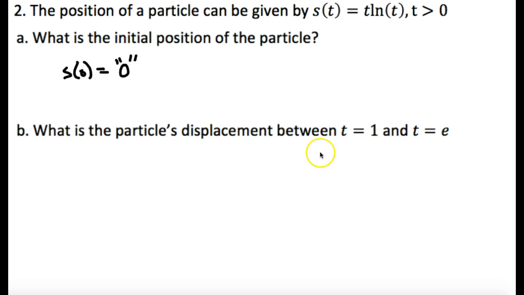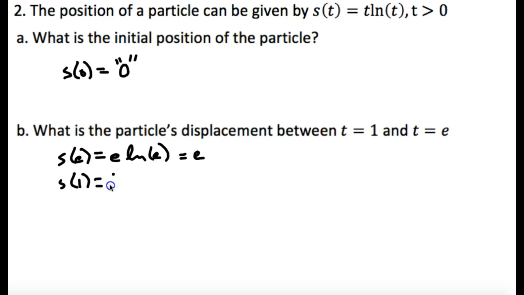Okay, displacement. Remember, we want to evaluate s of 1 and s of e. If I plug e in here, I will have e times the natural log of e. Well, e obviously will stay. Natural log of e is just 1, so we have e times 1, so s of e equals e in this case.